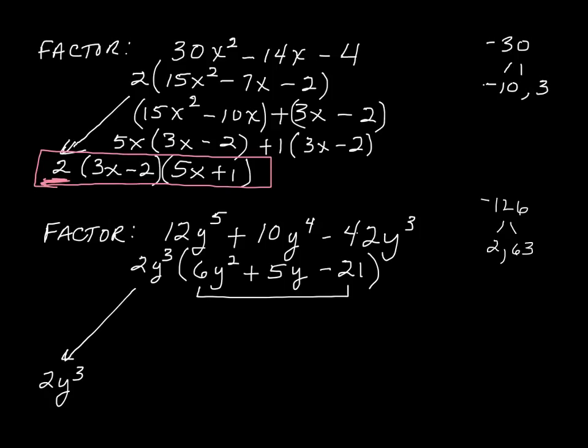What about 3? Will 3 go into 126? 3 and 42. Will that give us a 5 any kind of way? No. What about 4? 4 doesn't go into 126. 5 doesn't go into 126. 6 does. Let's see. 126 divided by 6 is 21. So 6 and 21. Will that add some kind of way to give us a 5?